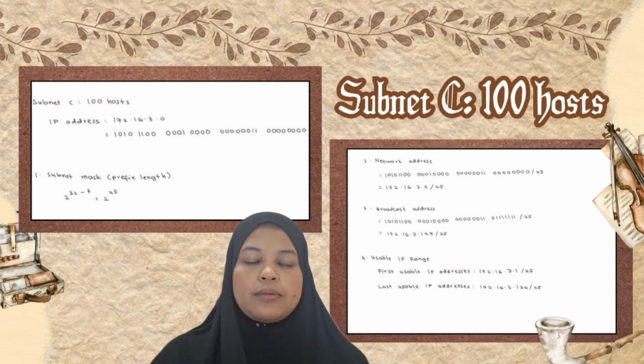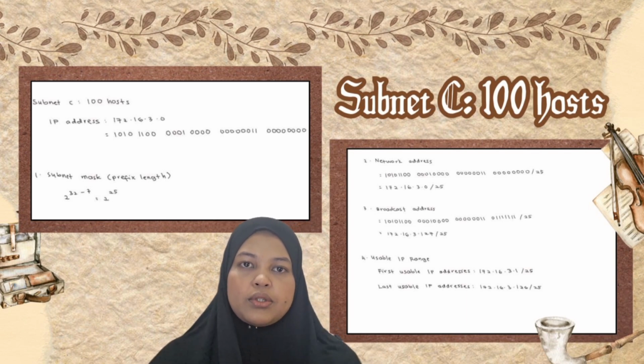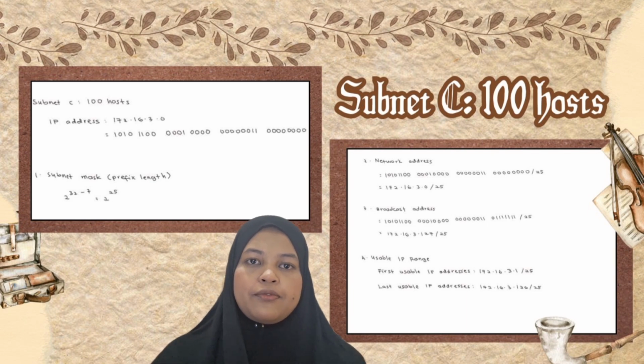To find the prefix length, we also use the same formula, and the answer we get is 25 for the new prefix length. For the network, I get 172.16.3.0/25. After changing the rest of the bits to 0 and for the broadcast address, I get 172.16.3.127/25.